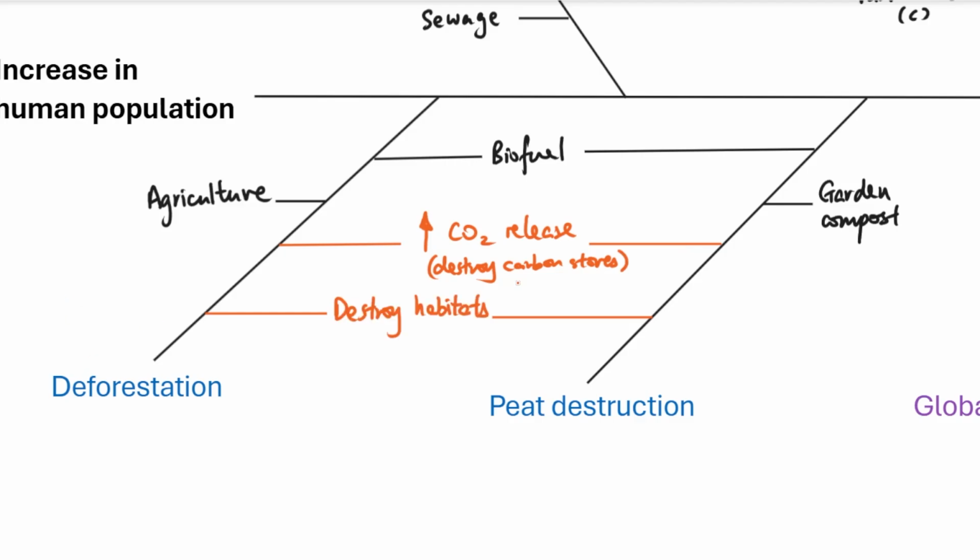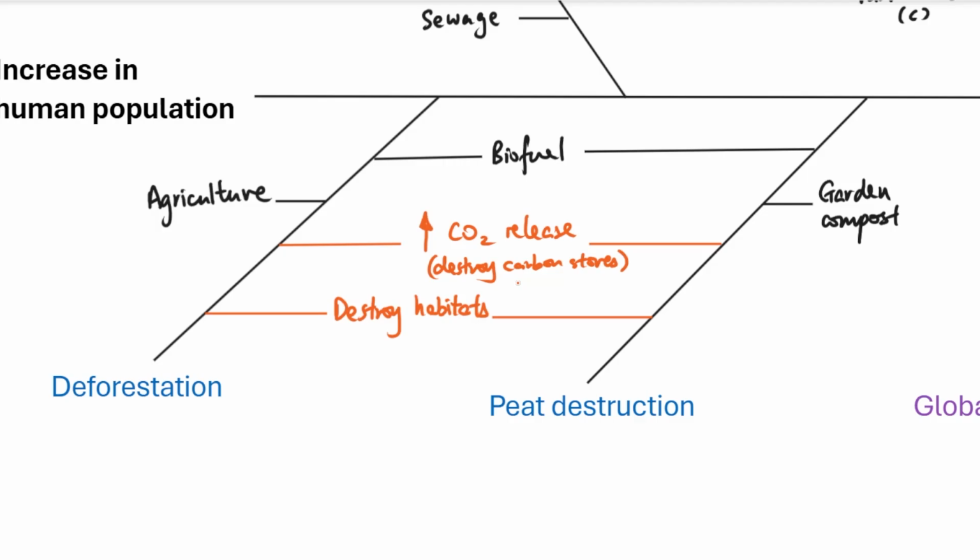Now, forests and the peat bogs are also very unique habitats. So this is where living things actually take shelter and live. So by destroying the forests, you are destroying the habitats. The peat bogs in particular are a very unique ecosystem because of their acidity. So there might be very special organisms in the peat bogs that we haven't discovered yet.